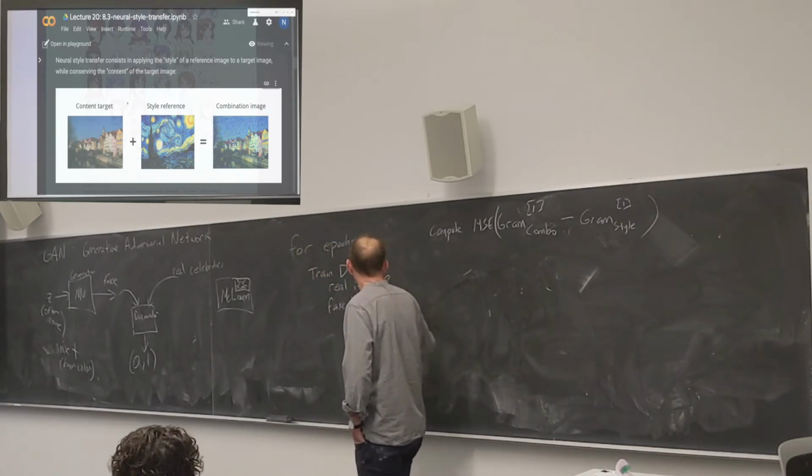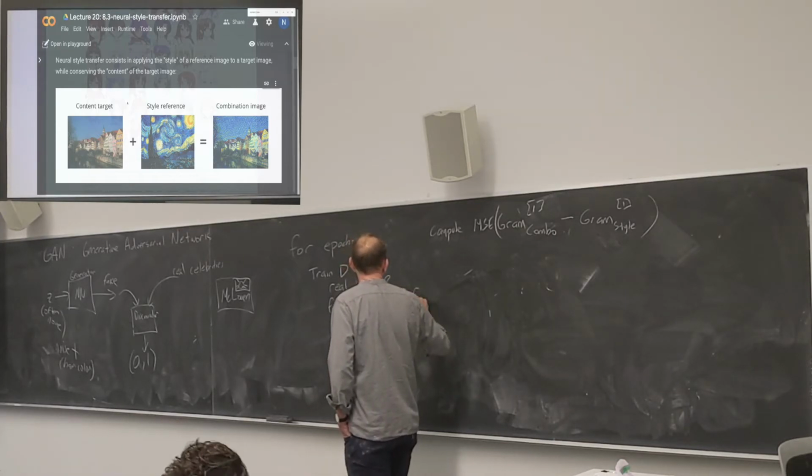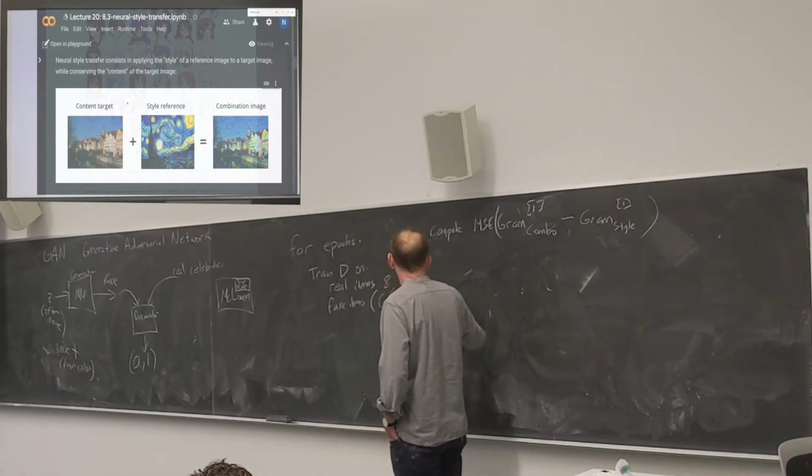So this would be G of Z for random Z, drawn from some distribution.